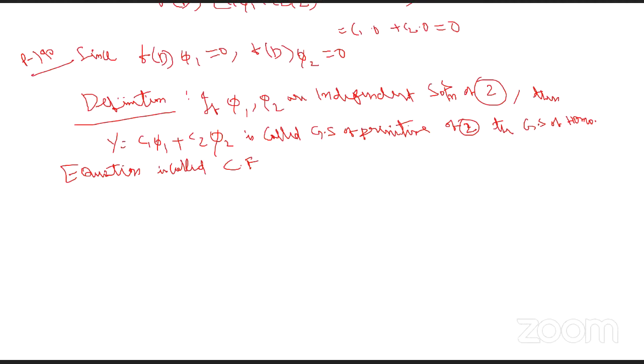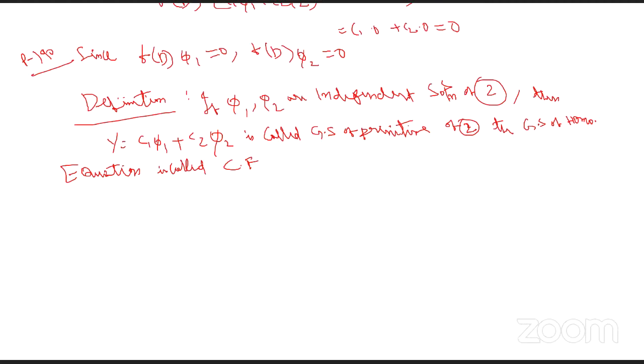Here, case 1, case 2. Case 1, what is there? Auxiliary equation. This r square plus a1 r plus a2 equal to 0. That is equation number 3. Two real and distinct roots r1, r2, phi 1 of x equal to e power r1 x and phi 2 of x equal to e power r2 x.